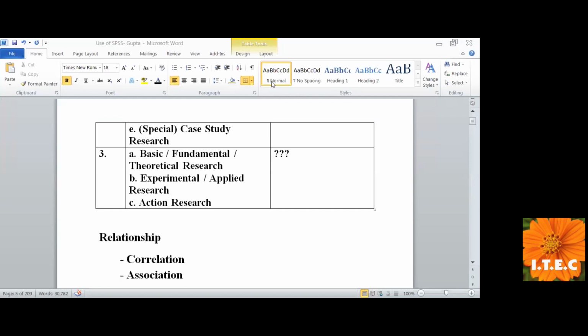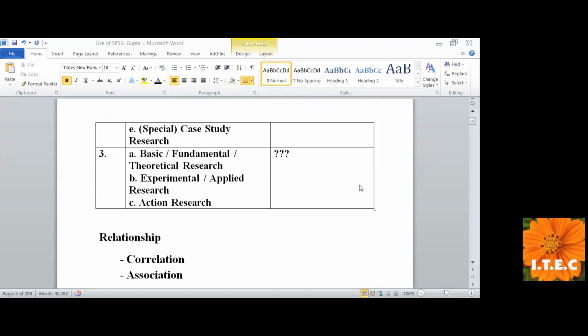The answer is no, because Delhi University students might have gone on strike due to some other reason, and JNU might have gone on strike for some other reason. Suppose the reason is the same, even then it is not the same solution, because the characteristics of the students of JNU are very different from the characteristics of the students of Delhi University. So that is what is action research.